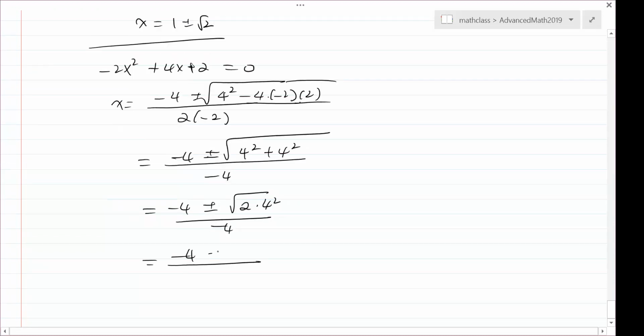I get negative 4 plus or minus 4 square root 2, all over negative 4. Negative 4 divided by negative 4 is positive 1. So it's still plus or minus square root 2. That's why you get the same answer using the quadratic formula. The quadratic formula guarantees you will get an answer, but sometimes the computation is complicated.